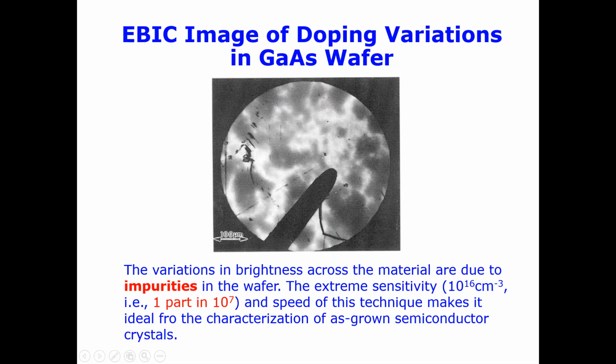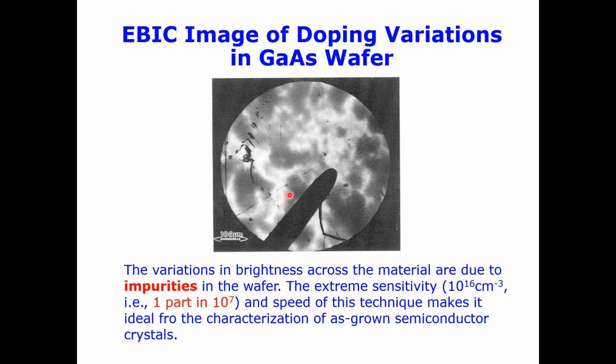This is an EBIC image of doping variations in a gallium arsenide wafer. So here again is the EBIC micrograph of the doping variations in the gallium arsenide wafer.